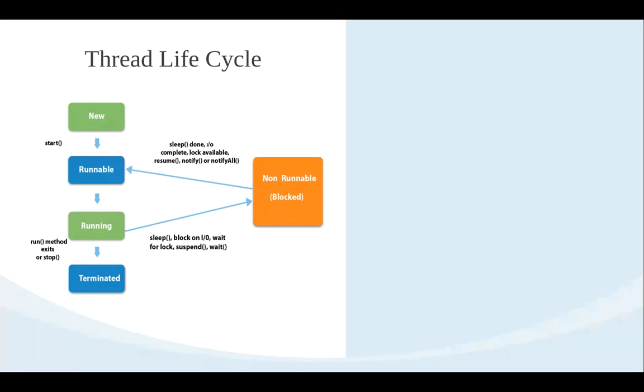When it is in the running state, a thread actually executes what's written inside the run method. And when the code written inside the run method gets over, it comes to the exit or stop state. This is the terminated state. So this is the life cycle of a thread.